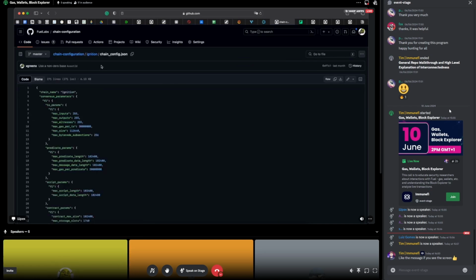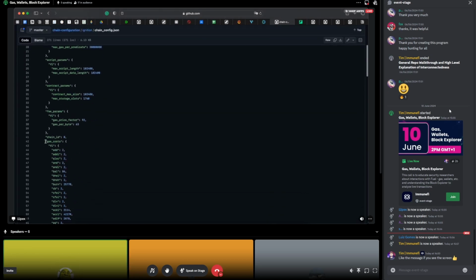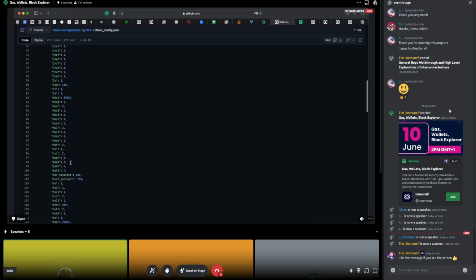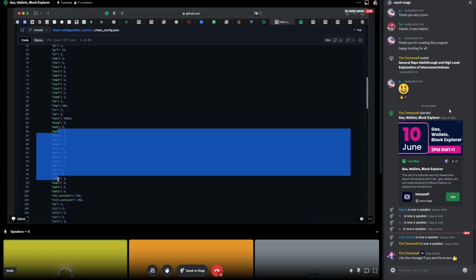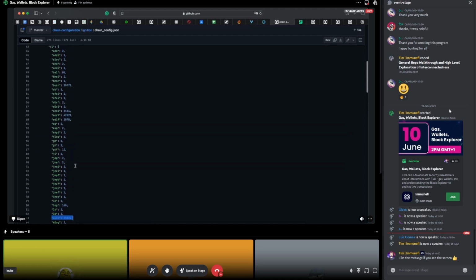If we go to chain config, you can find here gas costs. So yeah, it is the price of each opcode, and not only opcodes, in the network. You can see that basic operations are very cheap, and operations that somehow touch storage or crypto or some curves are expensive.